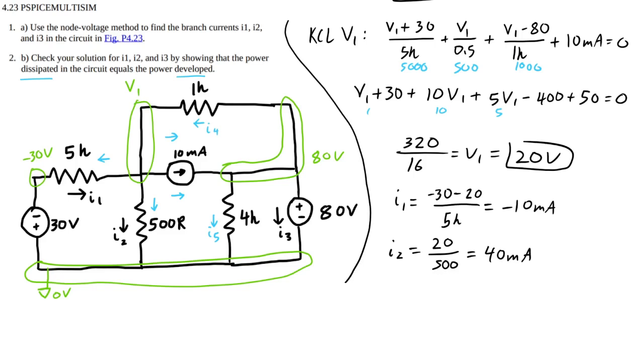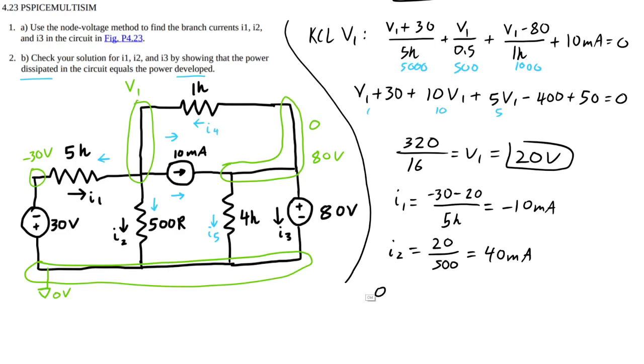Now we're going to do I3. And where is I3? Okay. I3 we're going to have to calculate using KCL. So if we consider the 80 volt node right here, we do KCL right there, we have nothing coming in.